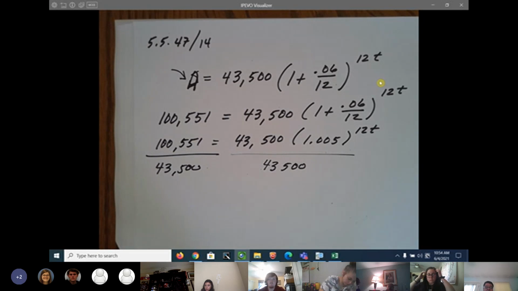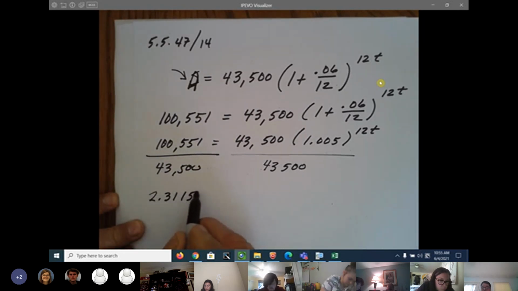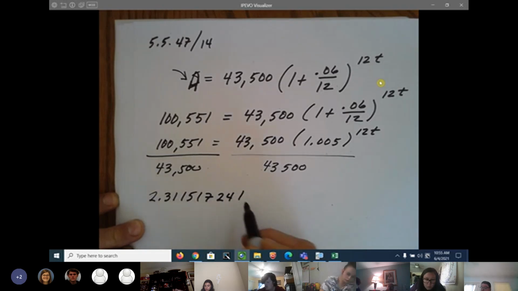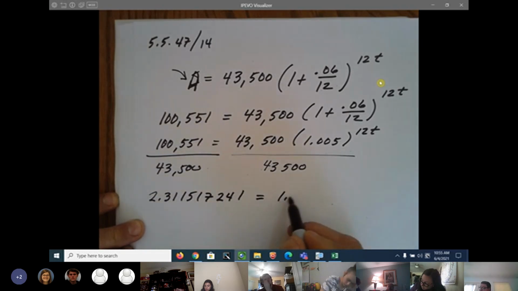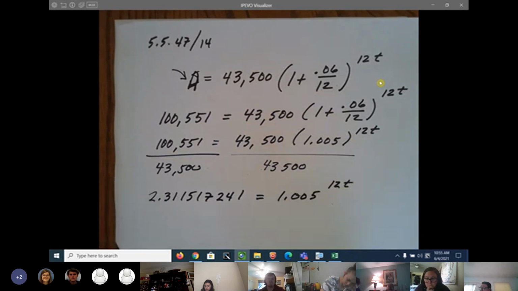Is it 2.311 blah, blah, blah? Yeah. 2.311517241 is equal to 1.005 to the 12t. And how are we going to solve this?